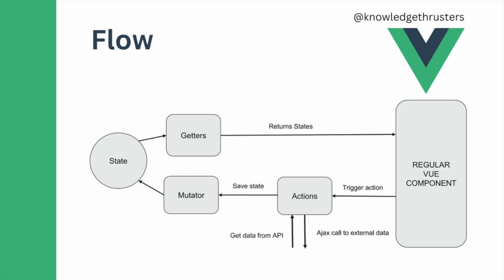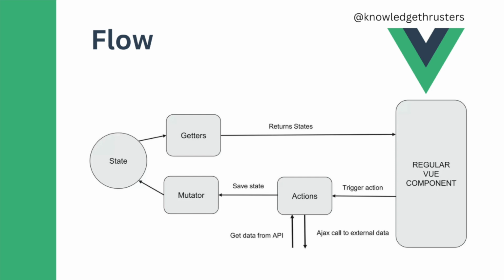Basically the action is triggered, so that will call actions. The action says that the value is changed and you need to update your state in your centralized store. For that, a mutation will happen. Mutation you can consider as saving your data, updating your data or deleting your data. Anything that changes your state is a mutation.